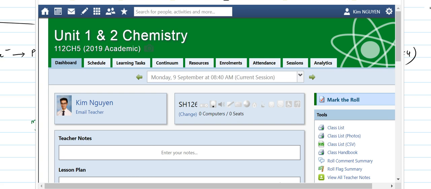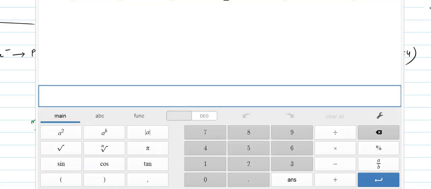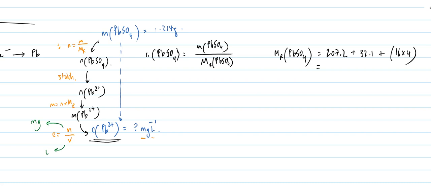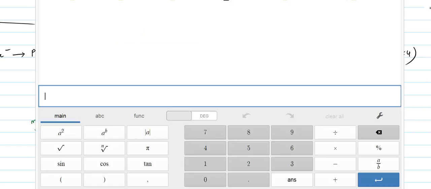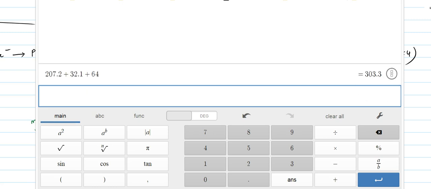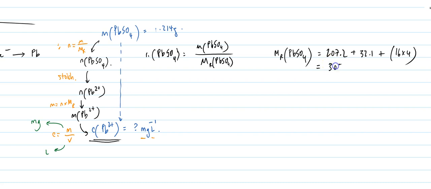Whoops, I don't want my compass, I want this. So it's going to be 207.2 plus 32.1 plus 64, 303.3 grams per mole. So that's the molar mass of lead sulfate. And then we just plug that into this equation here.